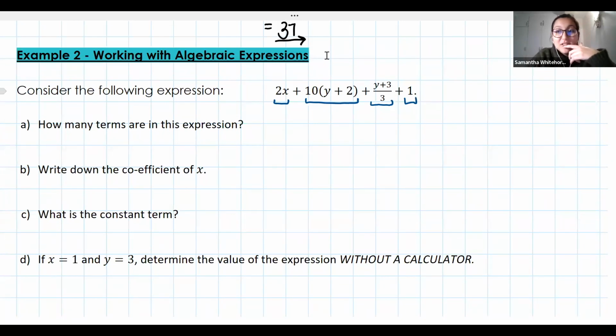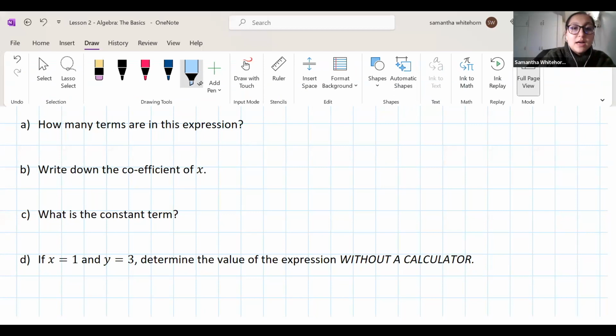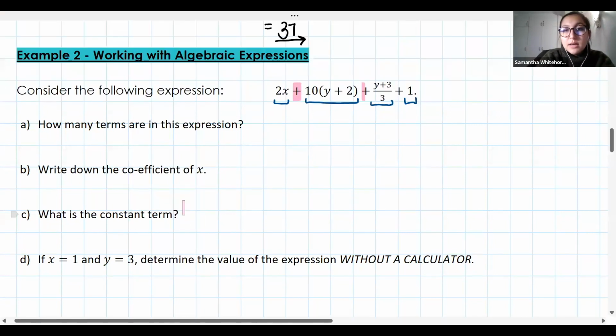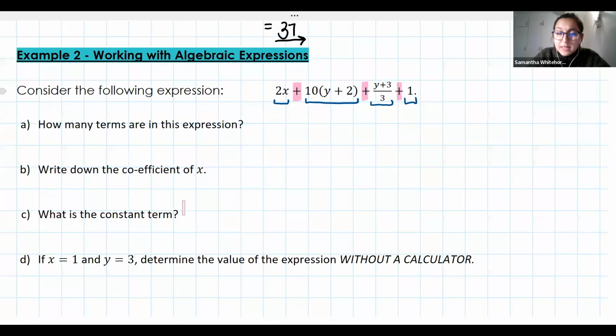Good. Okay. So, guys, remember our plus and minus signs that are not in fractions or brackets separate terms for us. I'm going to ignore any plus or minus sign that is in a fraction or in a bracket. So we've got this plus, this plus, this plus. Those separate my terms, and exactly as Dal said, we have 4 terms.